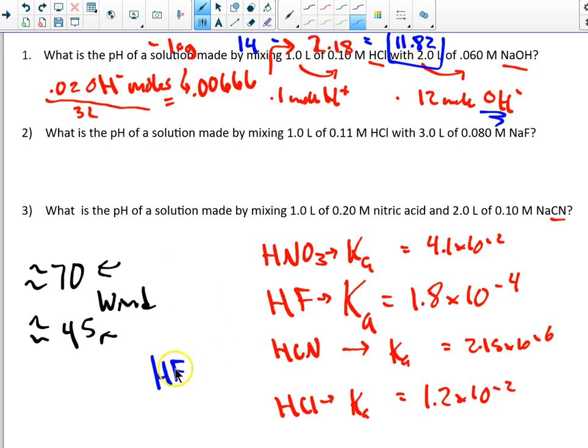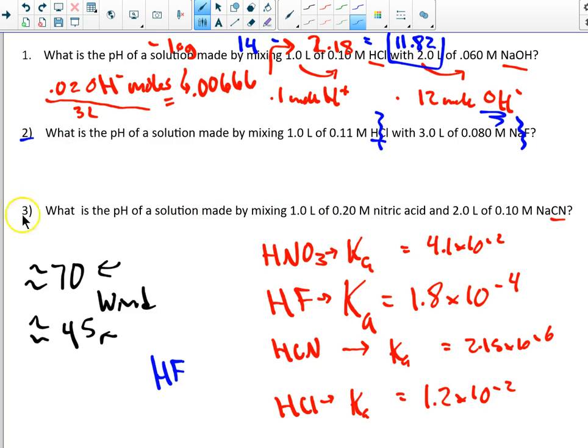Sometimes the HF comes from a chemical reaction, from the things I put into the solution. And that's what number 2 is. I'm not giving you HF, but HF will be formed because this breaks apart, and then the H and the F combine. Okay? So try number 2 on your own.